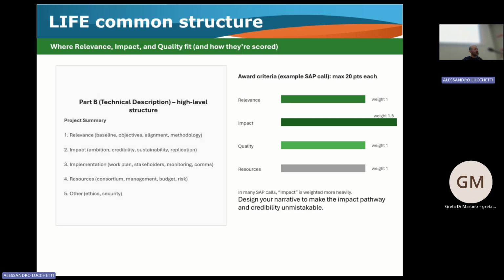Not here, probably, but in the Horizon, they request a gender plan or something like that. You have to demonstrate that your administration has a clear gender plan for equity between genders. It's really important because it's a mandatory document for the proposal.